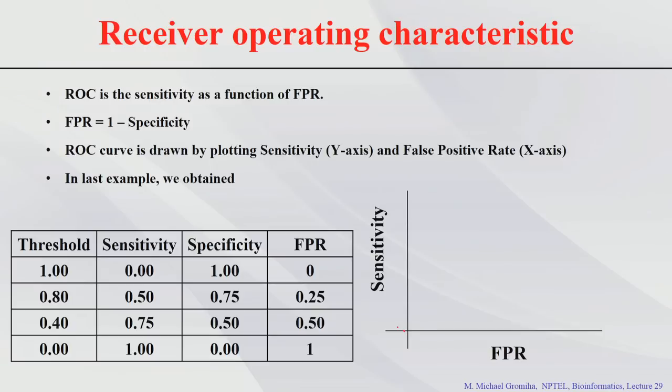The second one is 0.25 and 0.5, the third one is 0.5 and 0.75, and the last one is 1 and 1. Then you can get this curve.